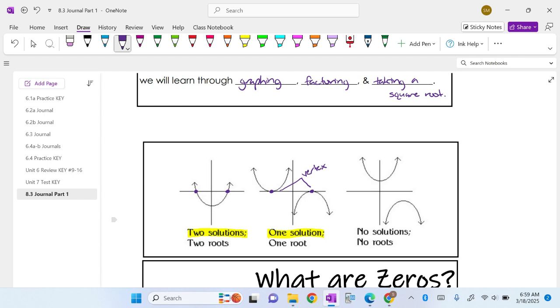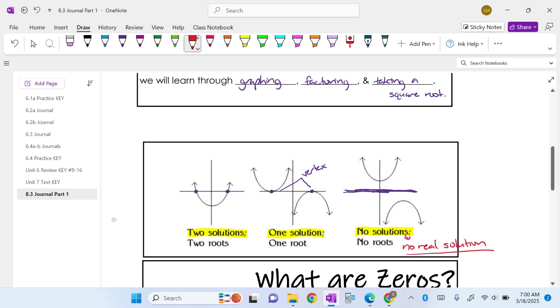And then no solutions means that it doesn't cross the x-axis at all. So if the x-axis is here, the two graphs placed on there are obviously not crossing the x-axis at all. So if it doesn't cross the x-axis, it doesn't mean that there's no solution. It just means that it does not have a real solution. So this is not really no solution, it's no real solution.